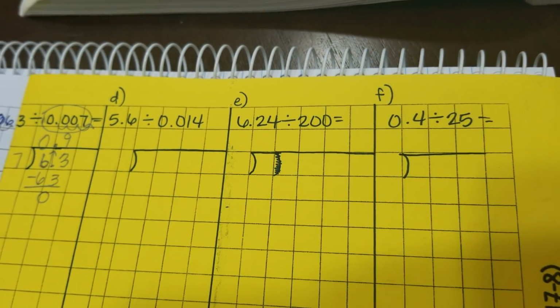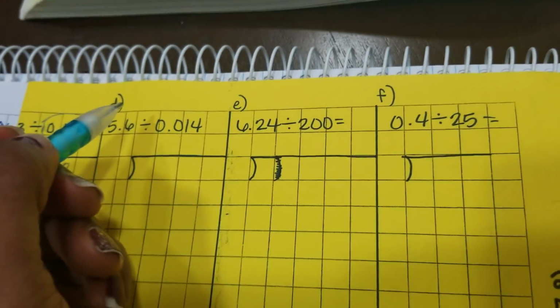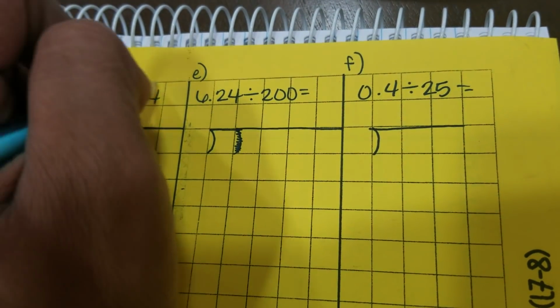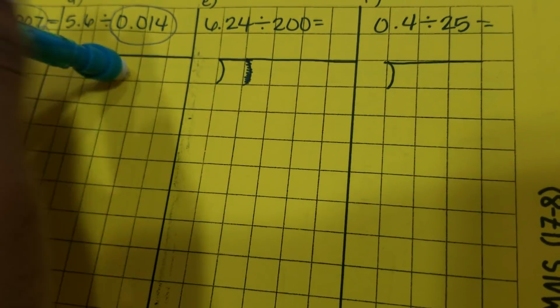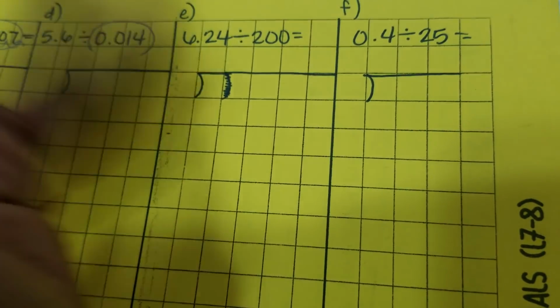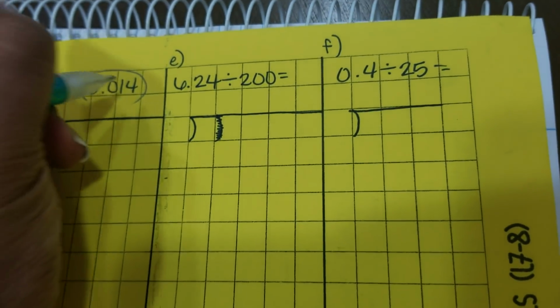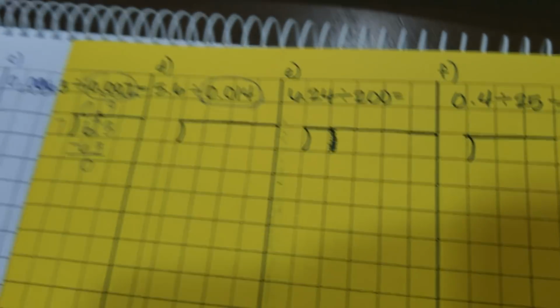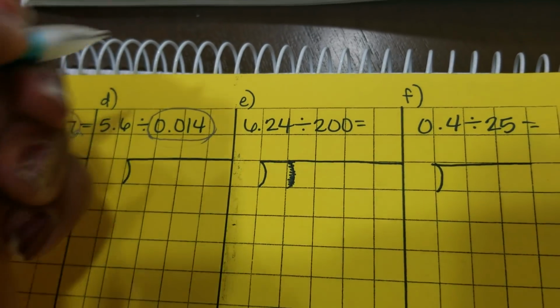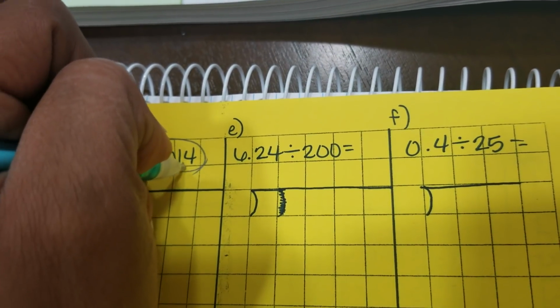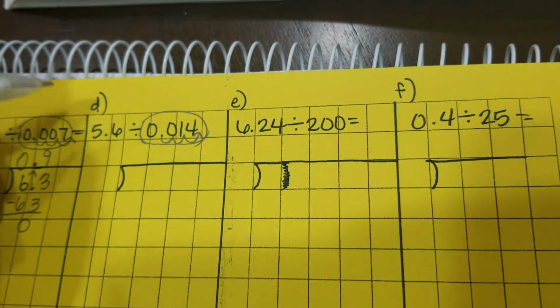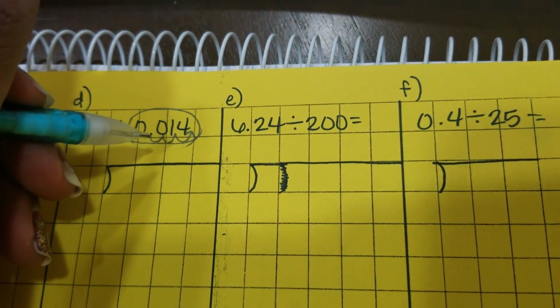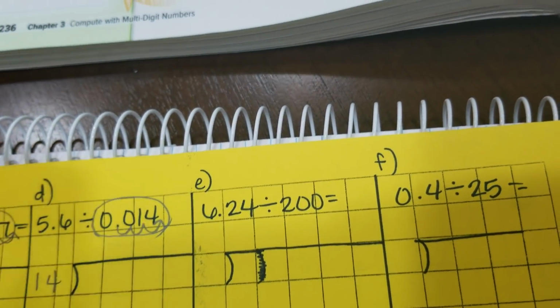Okay, let's look at question D. So we're looking at our second number. Okay, we'll make this circle a little bit smaller. And how many numbers behind the decimal point? In this case, there are 3. So 1, 2, 3. Now we have to move, so now it's 1, 2, 3, which makes it a 14 on the outside.